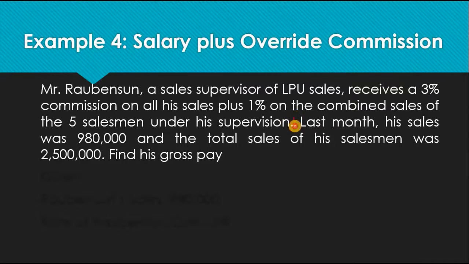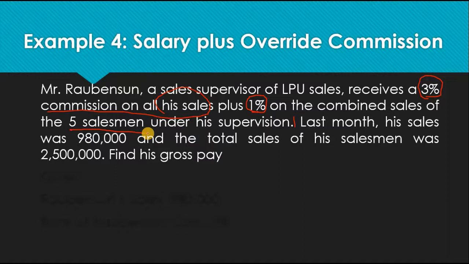In this statement, I have 3% from my own sales, or Robinson's sales, plus another 1% as an override commission on sales made by the other 5 salesmen under Robinson's supervision.